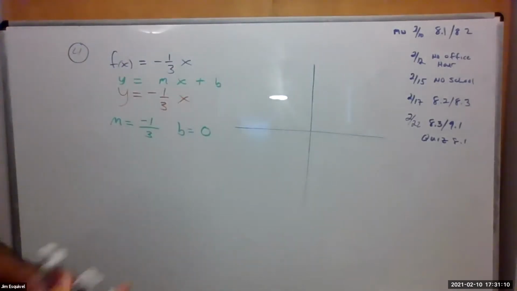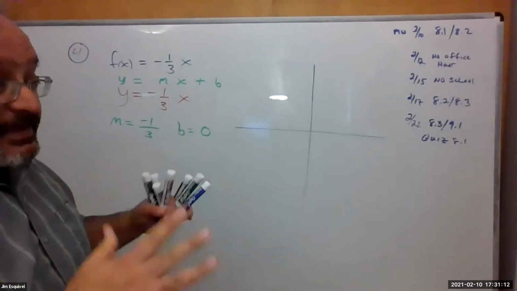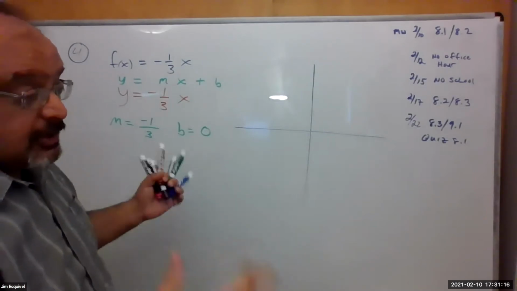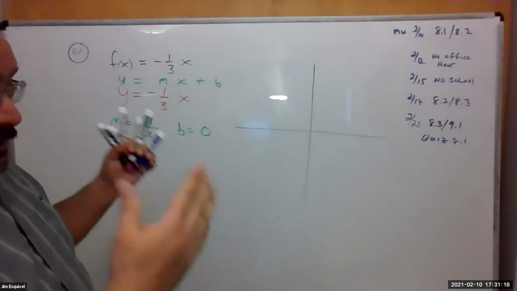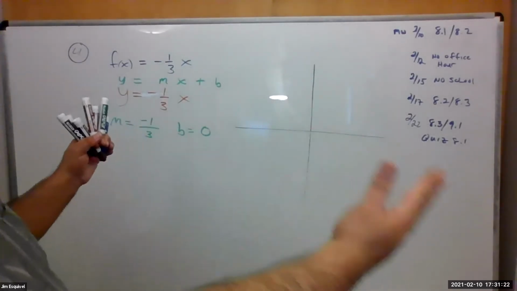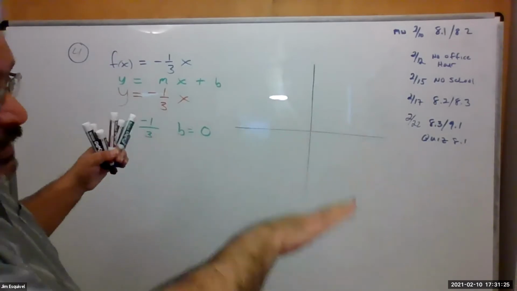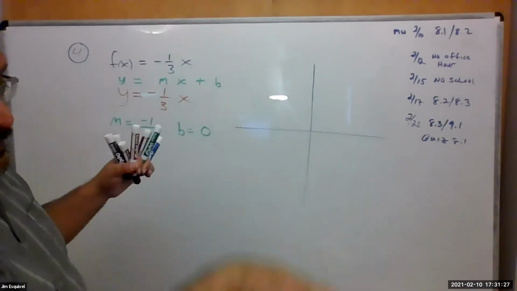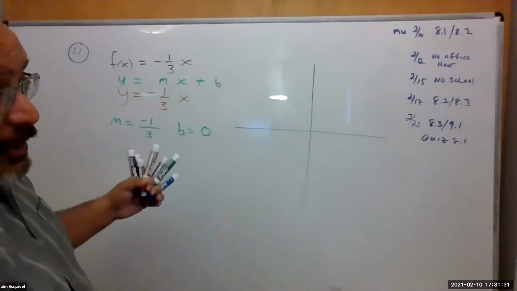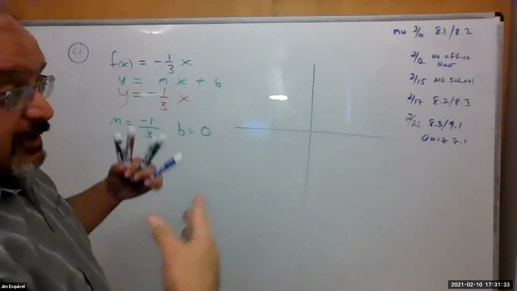Just like in chapter 3, all graphing this semester, no matter what chapter we're in, you're going to fit it in that grid that you have always worked with, -7 to +7 on the x-axis, -7 to 7 on the y-axis. There's no reason to count by 2s. There's no reason to count by 3s.